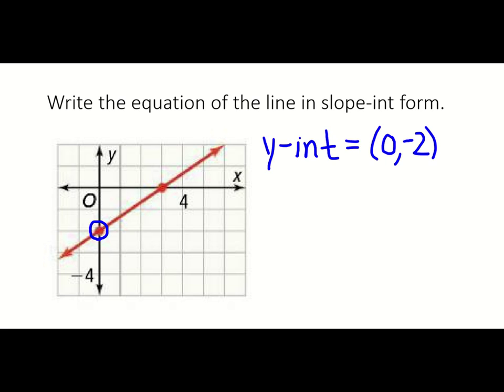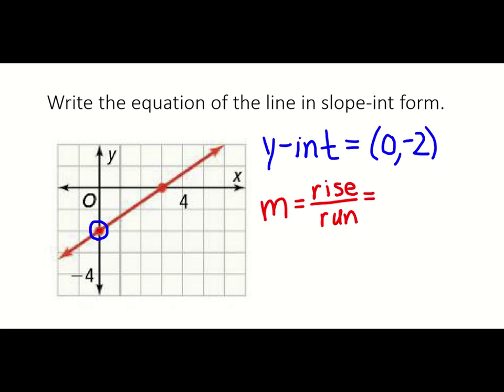Once you know the y-intercept, then you want to count your slope. To count your slope, slope again is rise over run. So we want to pick any 2 points on this line and count the rise over run between them.